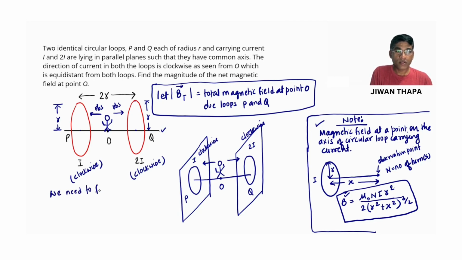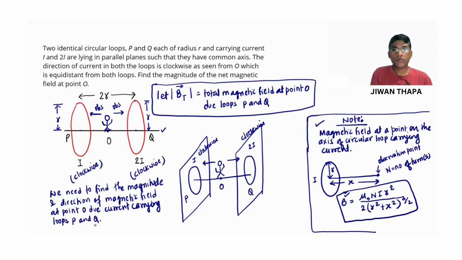the magnitude and direction of magnetic field at point O due to current carrying loops P and Q. And we use this expression to find the magnitude of magnetic field.